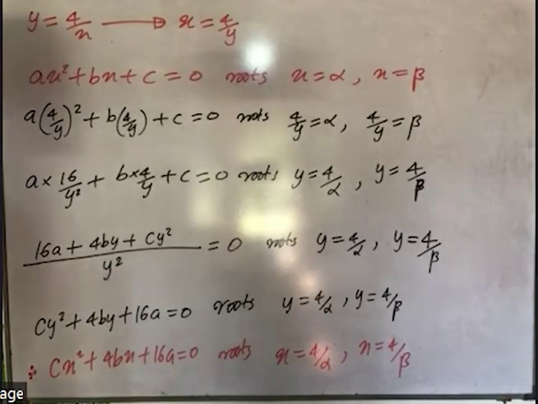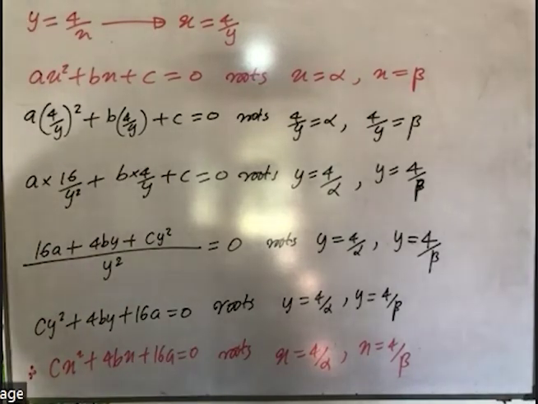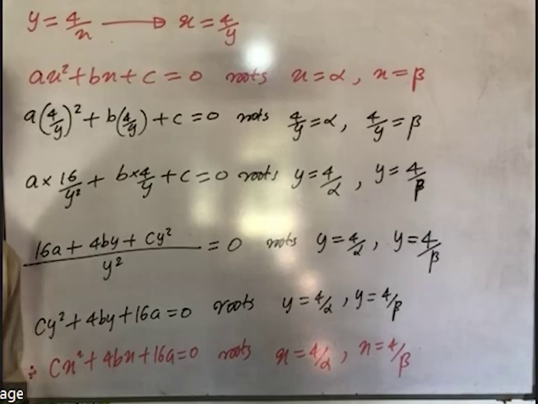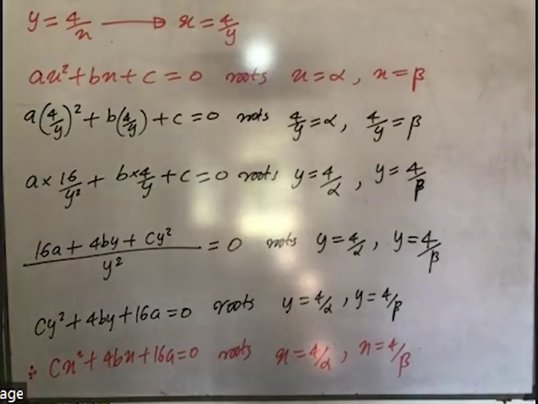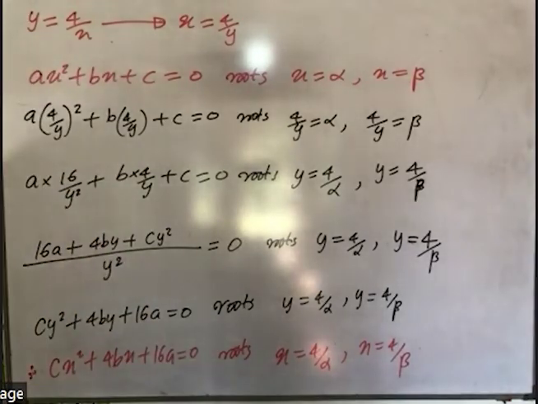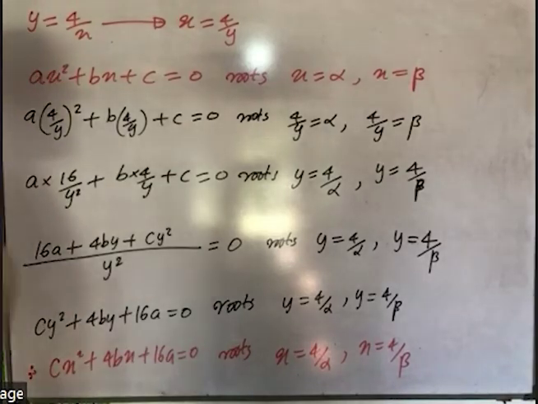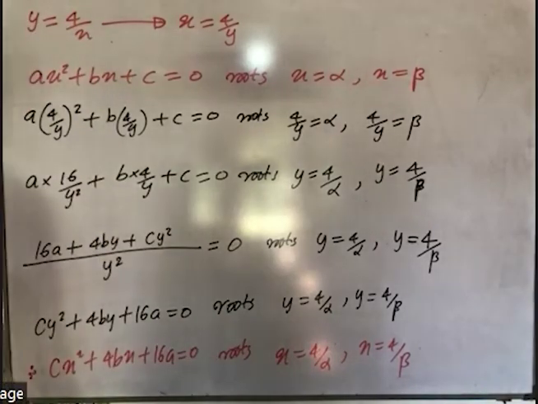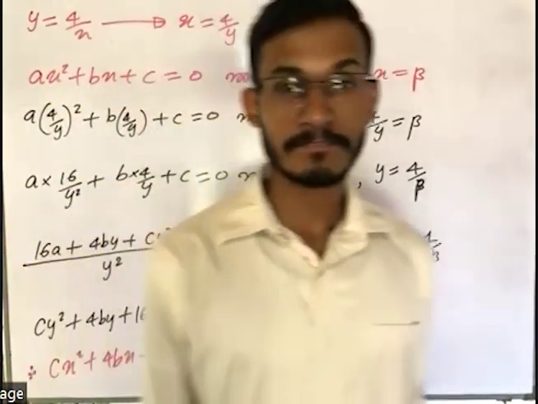You have to follow this lesson completely. If you follow this lesson completely, you can achieve good results, because we are going to do the theory part, then questions, and then past paper questions. If you practice more past paper questions, you can easily get more results, right? Okay.